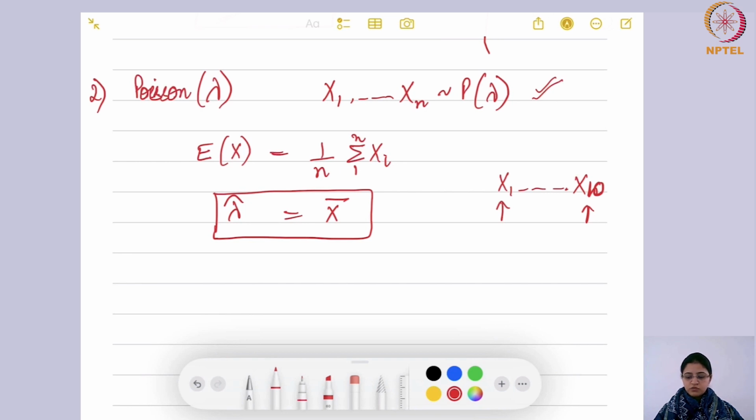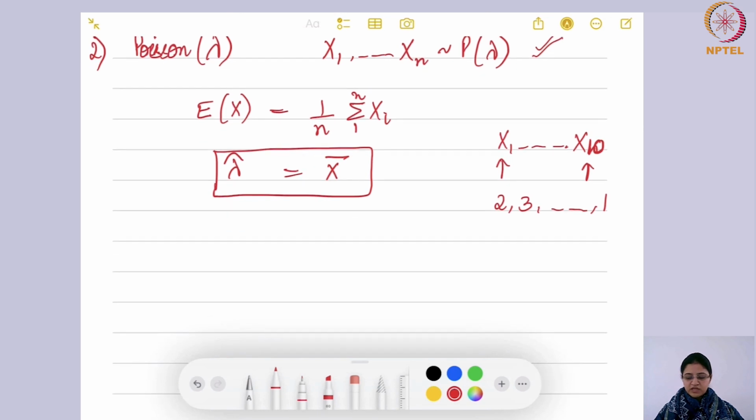Now once you have finally observed the number of red cars that pass, suppose it comes out as 2, the second day there are 3 red cars, and finally on the 10th day you have 1 red car. So you have these xi's now. These are no longer capital Xi's, but small xi's, because these are the realized values, right? Now you can find the sample mean, 1 over n summation xi.